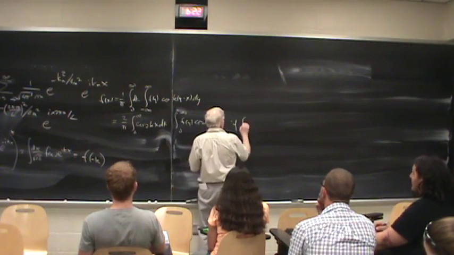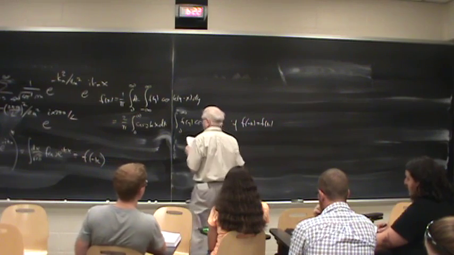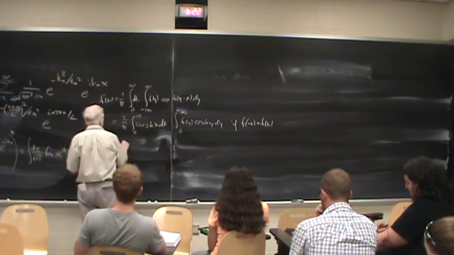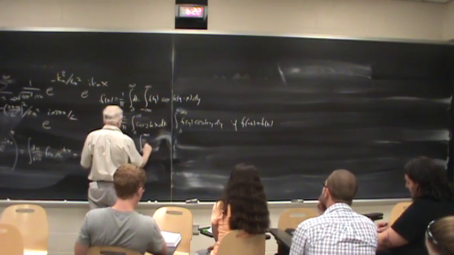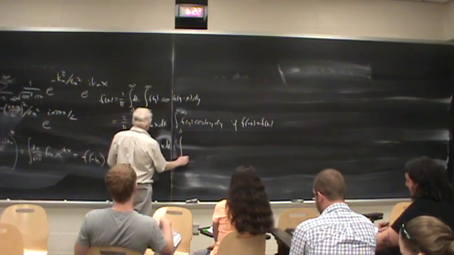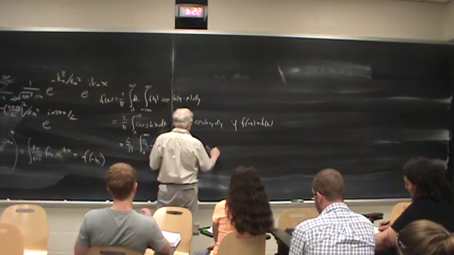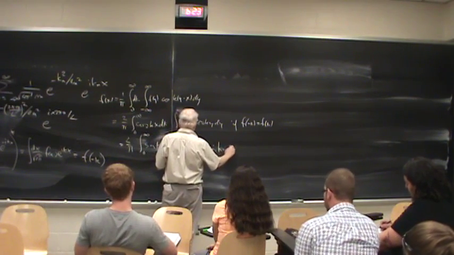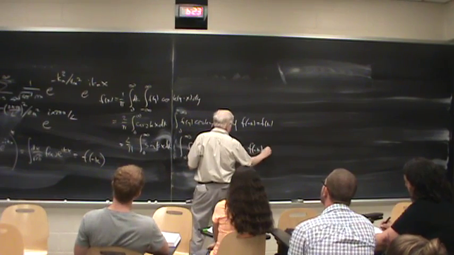So if f of minus k equals f of k, and as 2 over pi integral 0 to infinity sine kx dk integral 0 to infinity f of y sine ky dy, if f of minus k equals minus f of k.